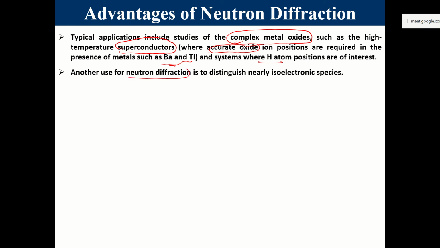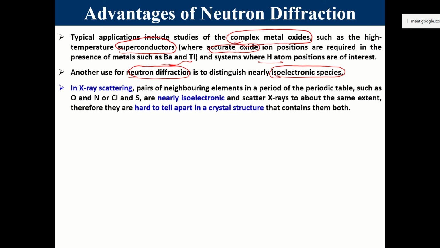It will also be better suited in case of isoelectronic or nearly isoelectronic species. If you have nitrogen and oxygen present simultaneously in a crystal, it will be very difficult to know their positions through X-rays, because they have nearly the same number of electrons.